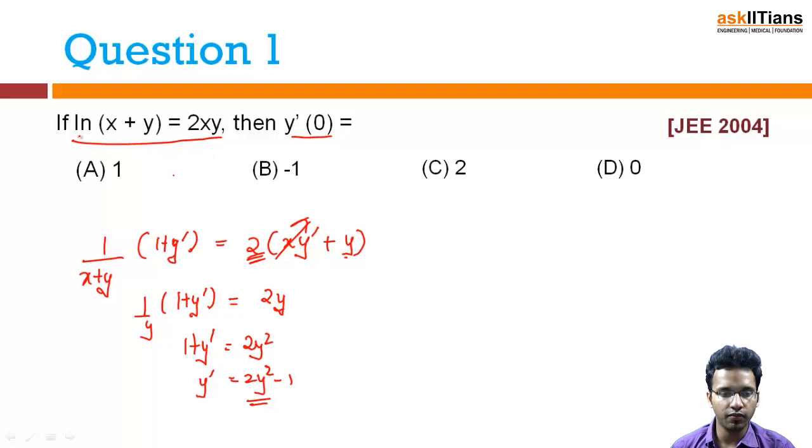We can get it from here: put x equal to 0, ln y equals 0 inside. So at what value of y is this 0? Obviously at y equal to 1, since ln 1 is equal to 0. So we put 1 and we get 1 as the answer.